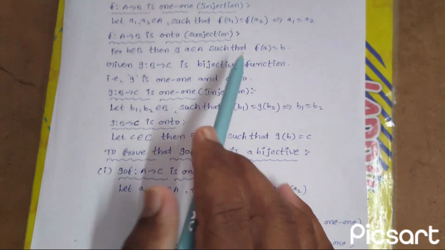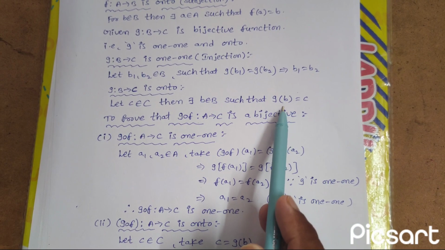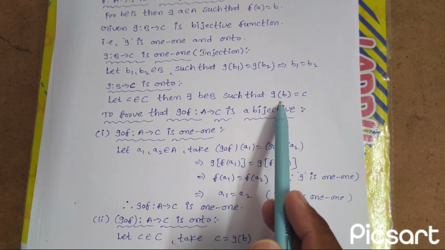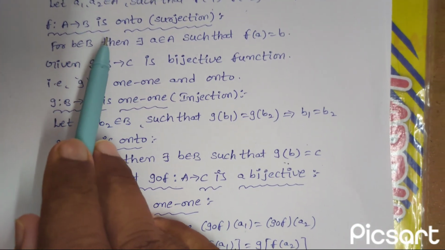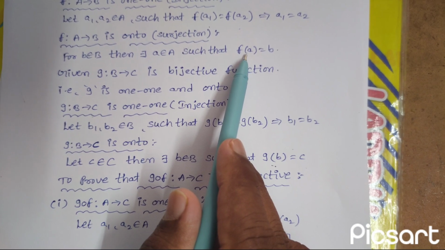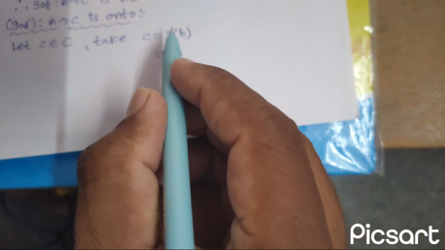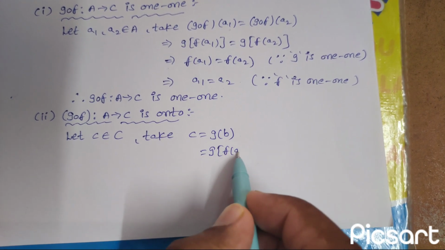Clearly here g is an onto function, so g of b is equal to c. F is an onto function. According to the definition of onto, b is equal to f of a. So here b is replaced by f of a.